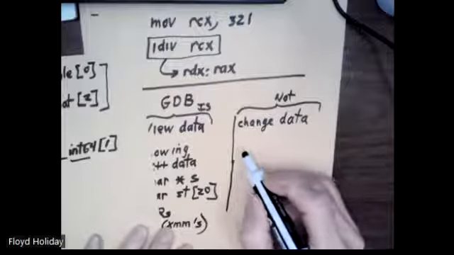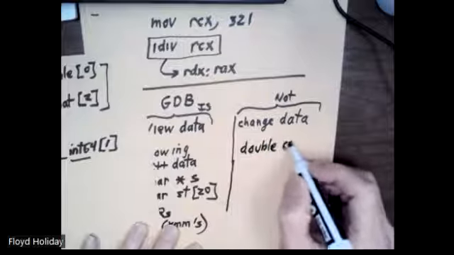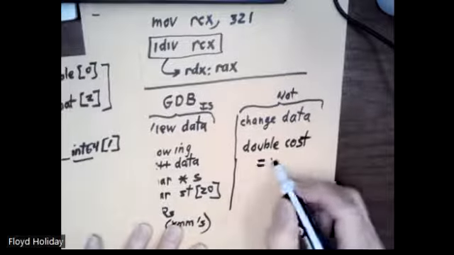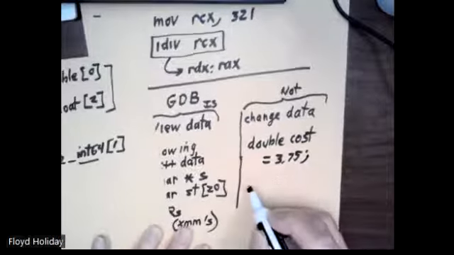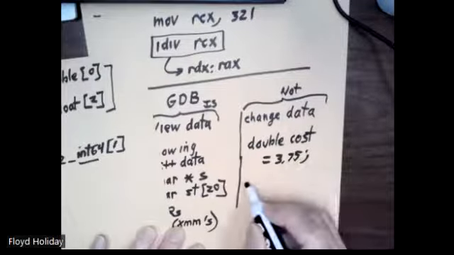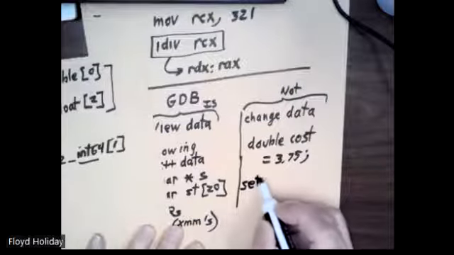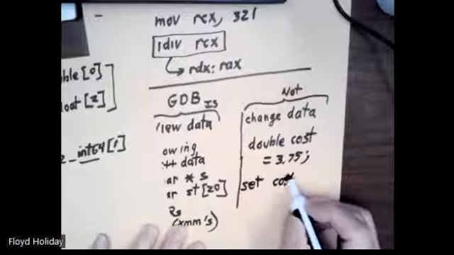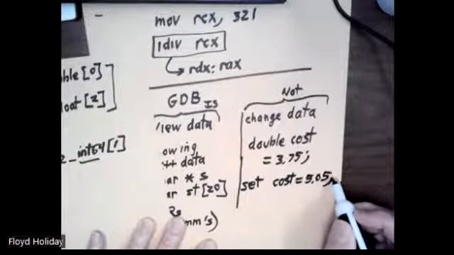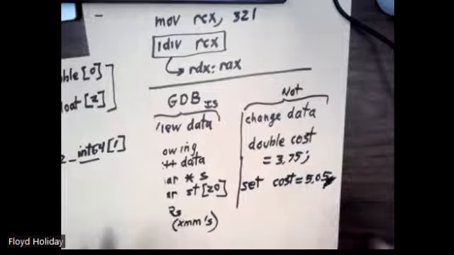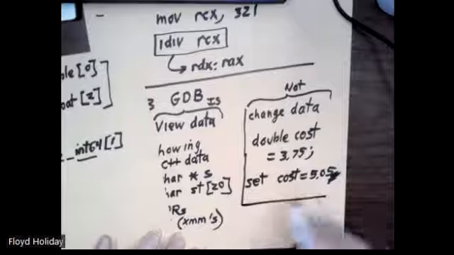If you had a variable in C++ declared, set equal to 3.75, semicolon, and then you run GDB, you can change its value right in place, and it would look like the set command: set cost = 5.05. There's no punctuation on the end of it. It just looks like that. We're not doing that. It's something for another day.